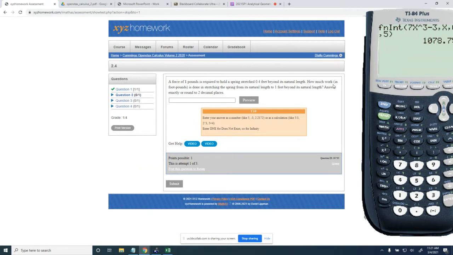How much work in foot-pounds is done by stretching the spring from its natural length to 1 foot beyond its natural length? And we're also asked to round exactly to 2 decimal places. All right, so I'm going to go back to the camera.